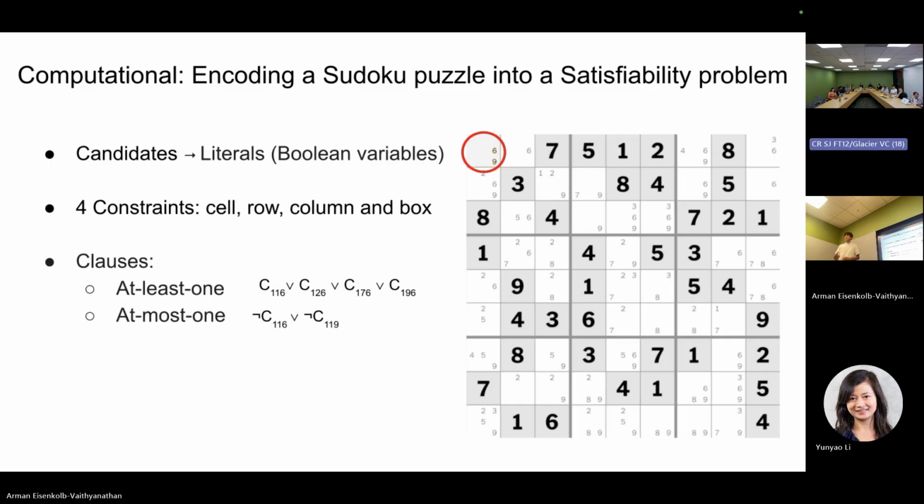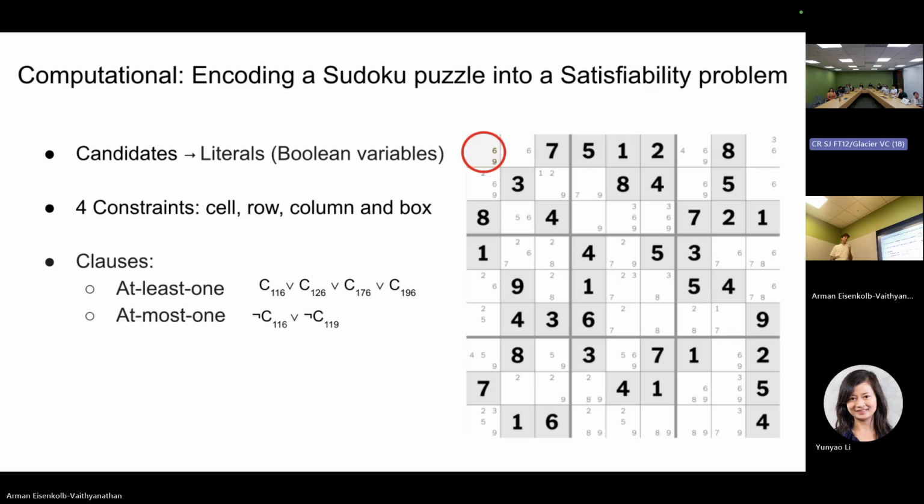To actually create the SAT formulation of a Sudoku puzzle, we have to create clauses for the four constraints. The first constraint, the cell, states that each cell must contain exactly one digit. The row, column, and box constraints state that each row, column, and box must contain each digit exactly once.